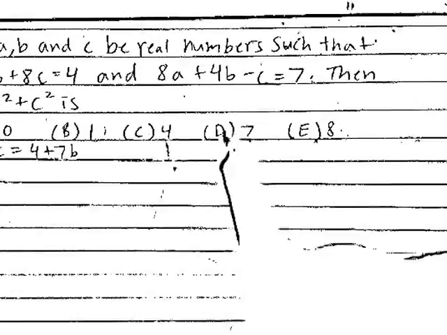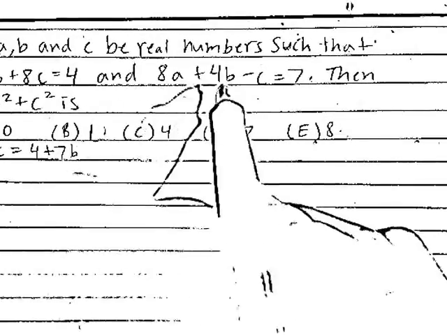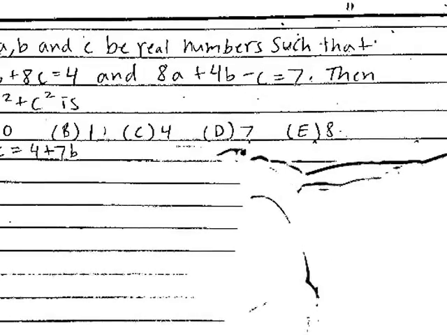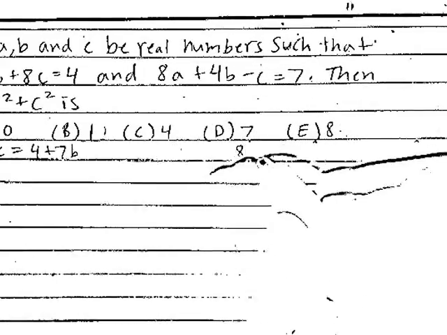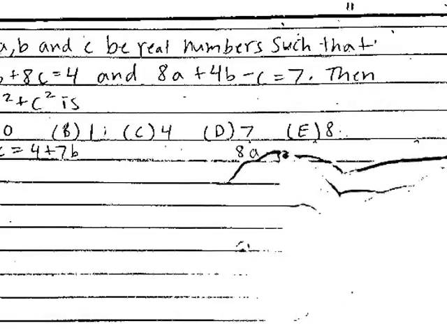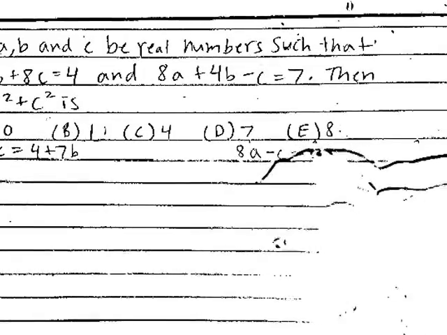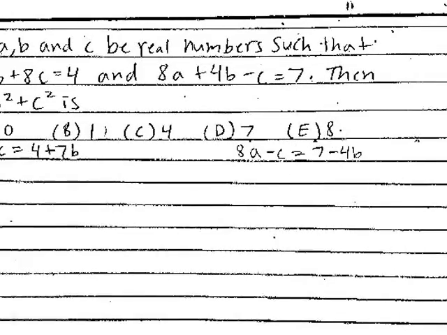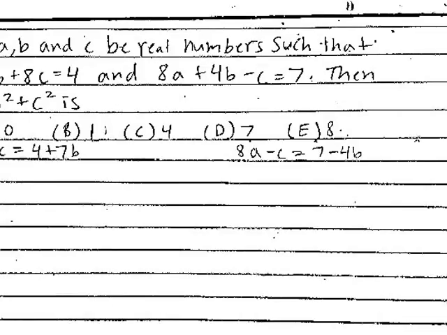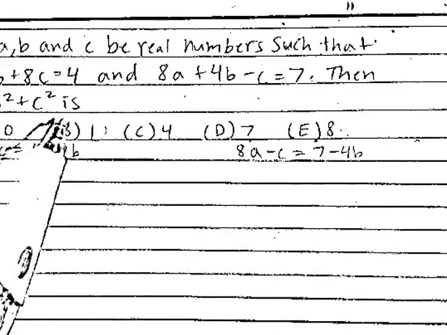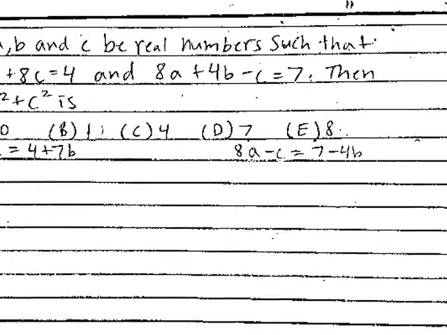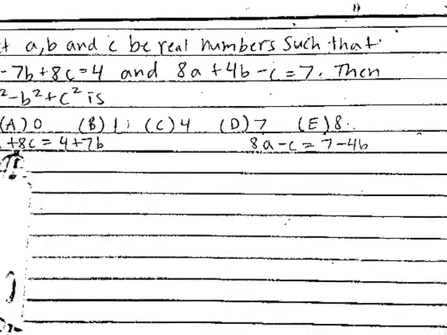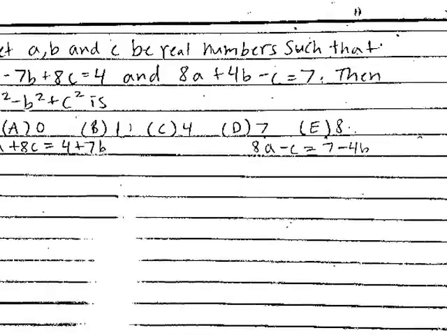And for this one, I would move the B to this side again, so it would be 8A minus C equals 7 minus 4B. And looking at this, we know that the A, B, and C's are squared. So we're just going to square both sides of both of these equations.